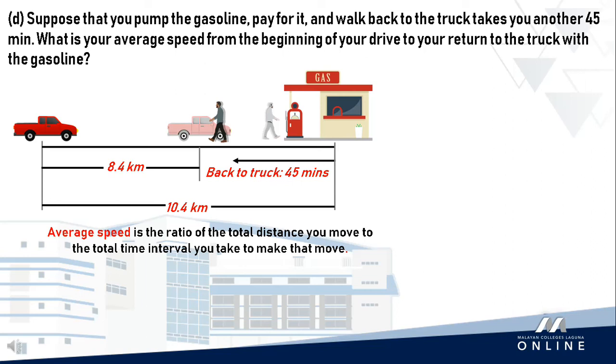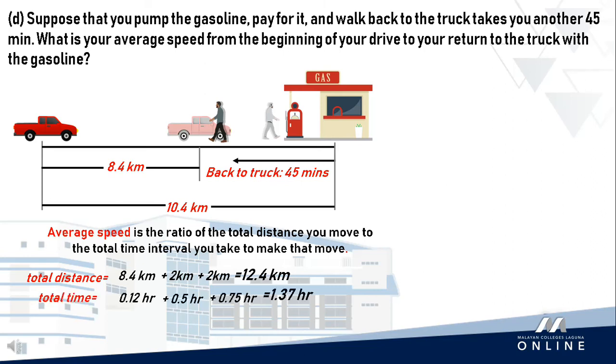Then, for the total time interval, we found in our computation that you were driving for 0.12 hour, then walk 0.50 hour to get to the station, and finally pump, pay, and walk back to the truck, all for 0.75 hour. Our total time is then 1.37 hours.